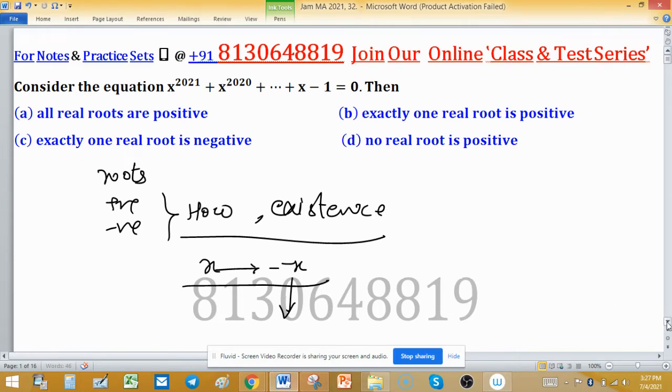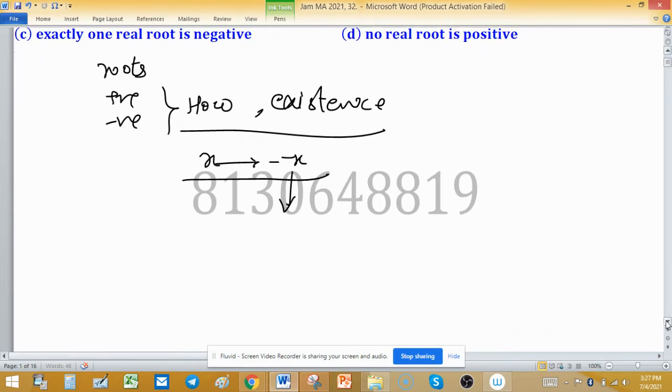So what is the geometrical interpretation of the root? The geometrical interpretation of the root tells us the x-axis intercept, meaning at how many places the graph meets the x-axis. This is the meaning of root existence.